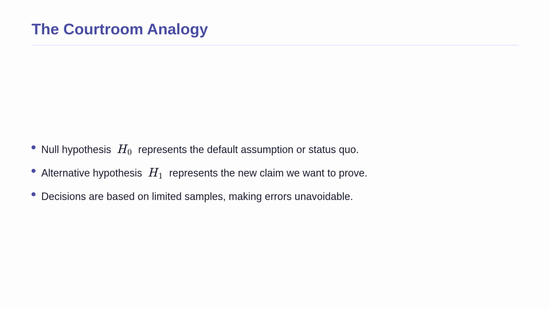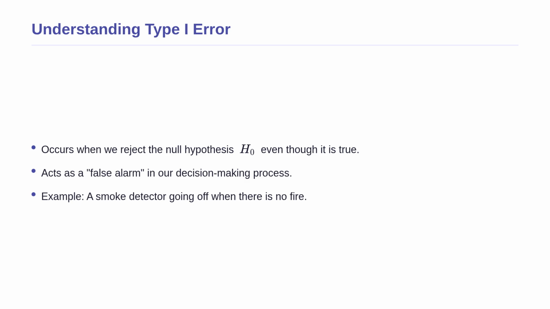The alternative hypothesis, written as H1, is the new claim or the guilt we are trying to prove. Because our evidence comes from a limited sample, not the whole population, we can never be 100% certain. This uncertainty means we are always at risk of making two very specific types of mistakes when we make our final decision.